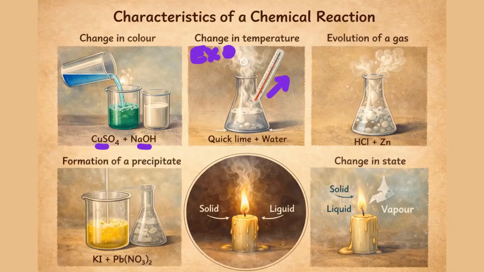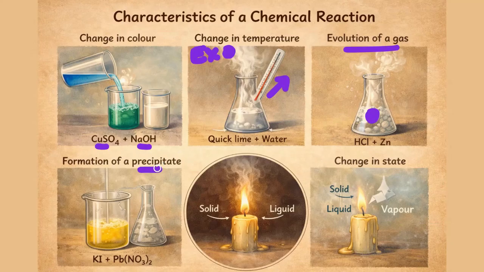In some reactions, when you add reactants together, you will see bubbles of gases. So you see evolution of gases, like HCl and zinc. These two reactants combine and they form hydrogen gas bubbles. In some reactions, you can see insoluble substances being formed.